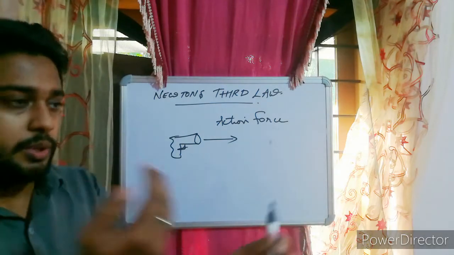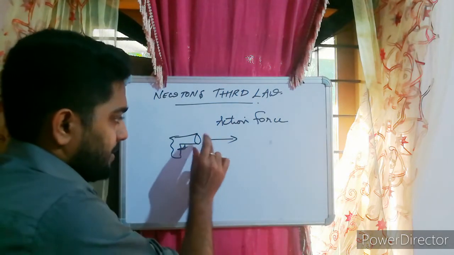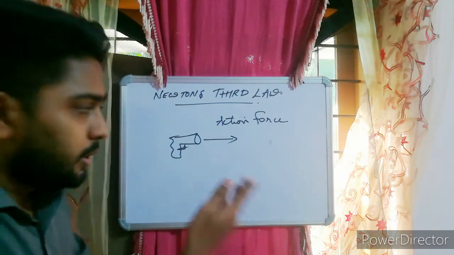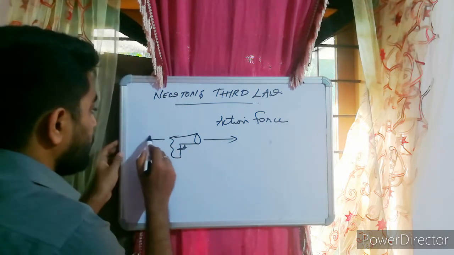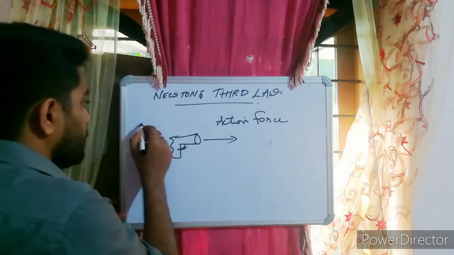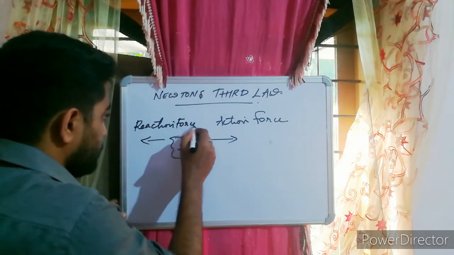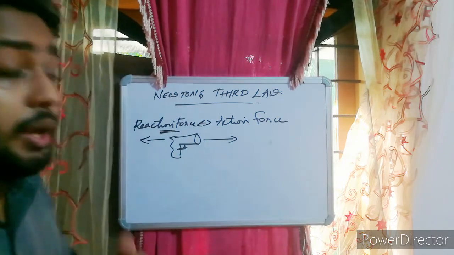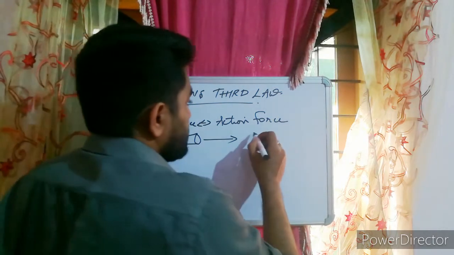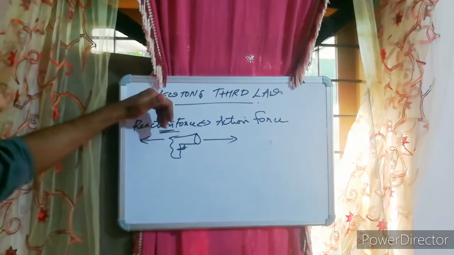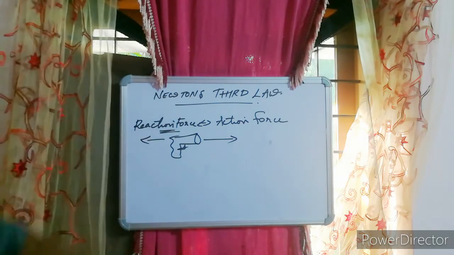That means it moves, as soon as the bullet goes out of the gun. That is nothing but the reaction force. Both of them are equal and opposite. This force is acting towards the forward direction, and the reaction force is acting in the backward direction.